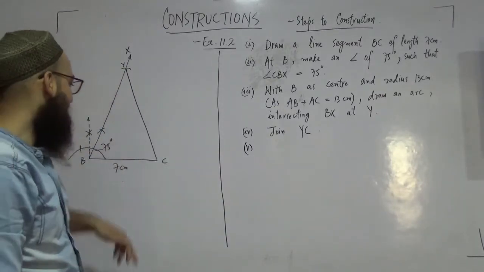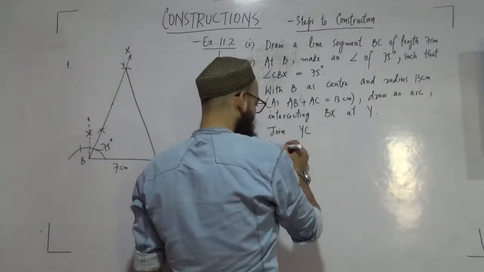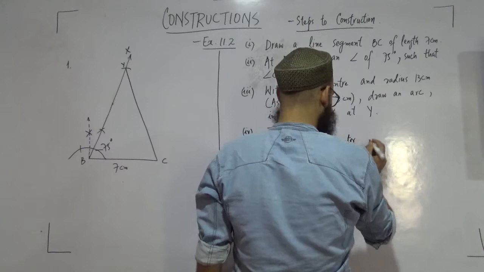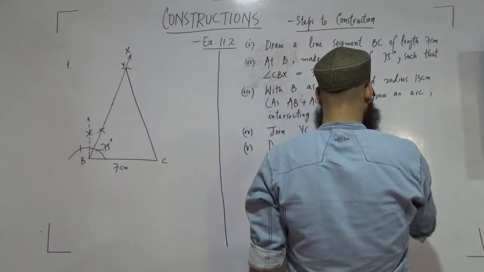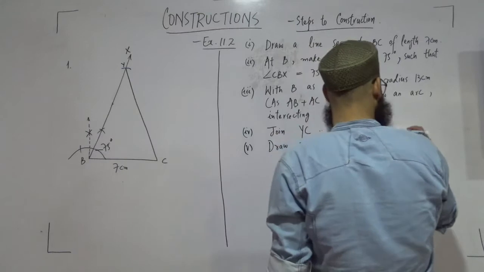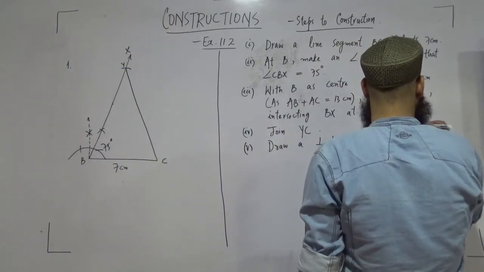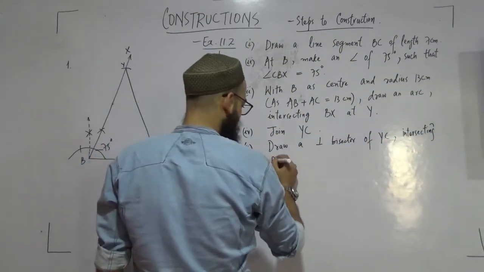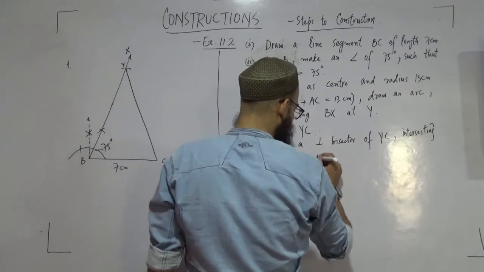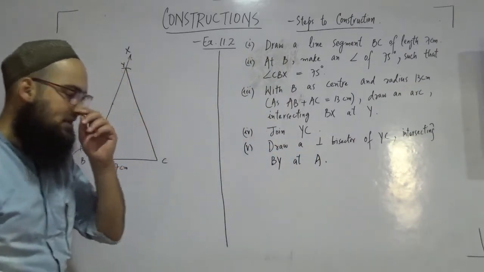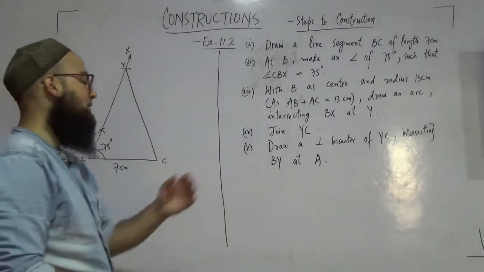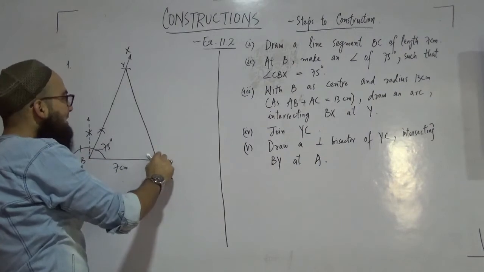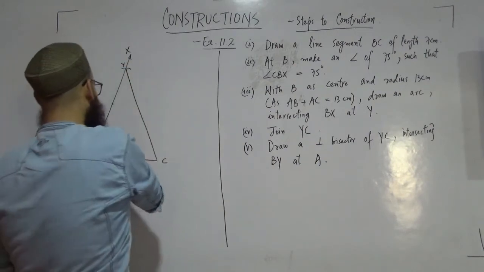Draw a perpendicular bisector of YC intersecting BY at A. So you need to draw a perpendicular bisector for YC, with Y as center, one arc here, one arc here.